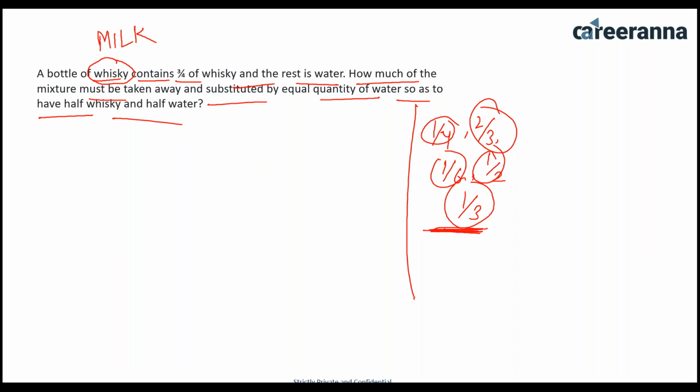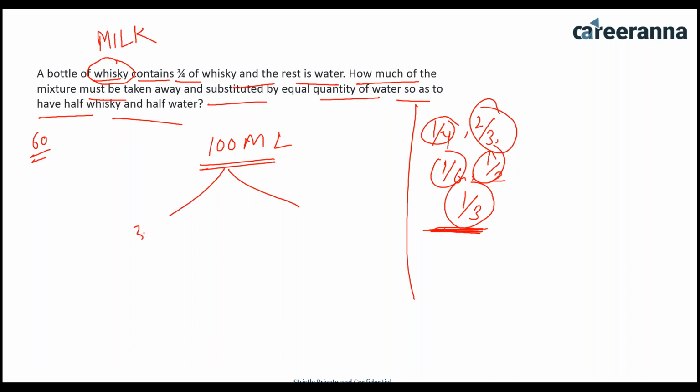Guys, please read this question. Let me tell you how. A bottle of whiskey contains 3 by 4 of whiskey. Suppose there are 100 ml. So I have to divide it into two parts.